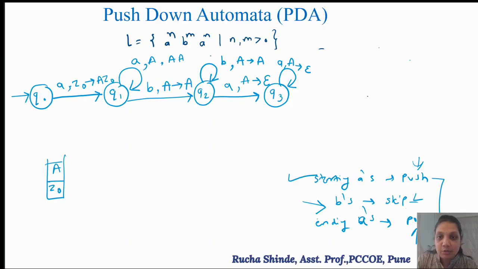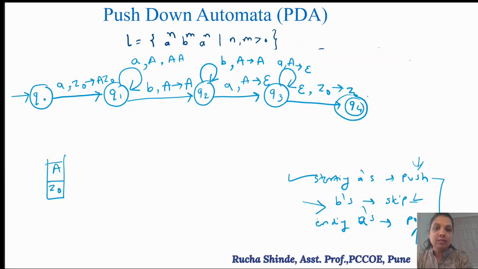After this, you have read the whole string. It means you have reached the end of the string, that is null. Also, you reach the end of the stack, that is nothing but Z0, and it will remain as it is. And this will be your final state.